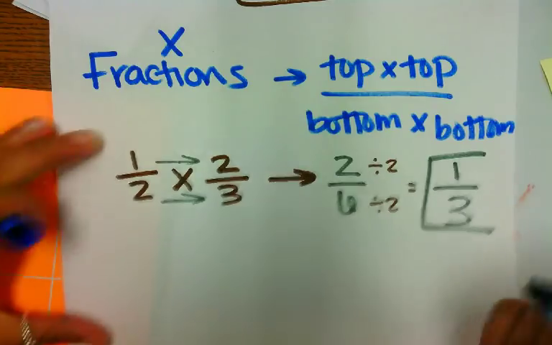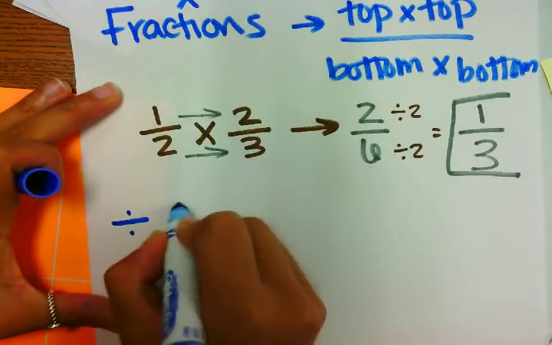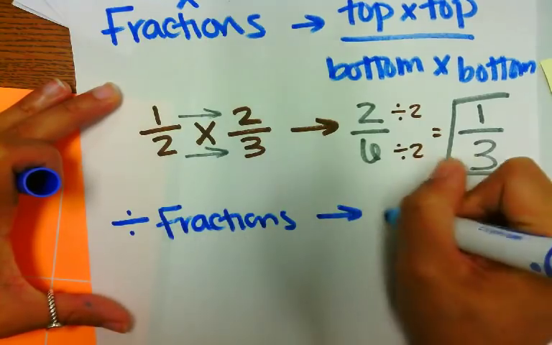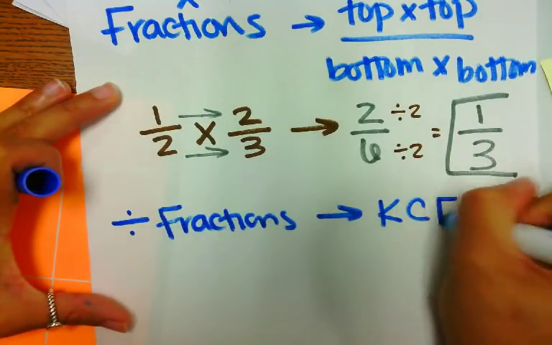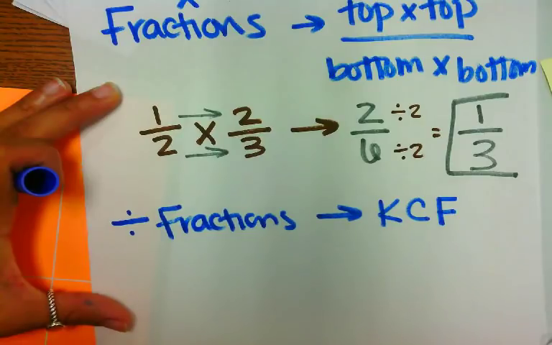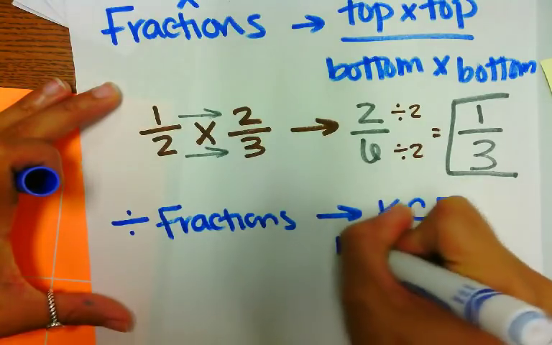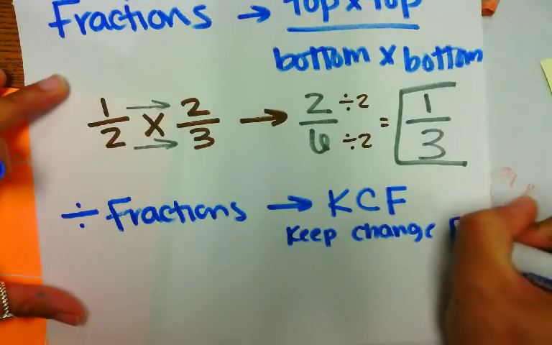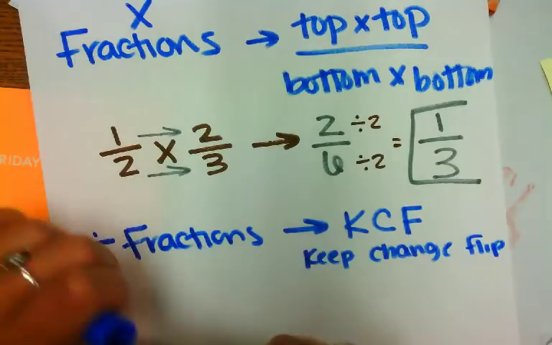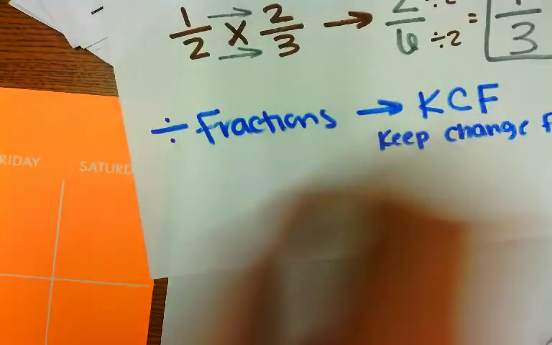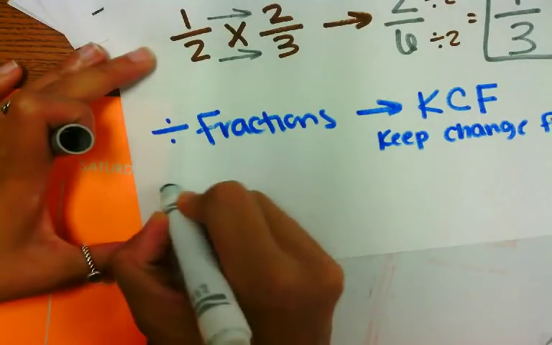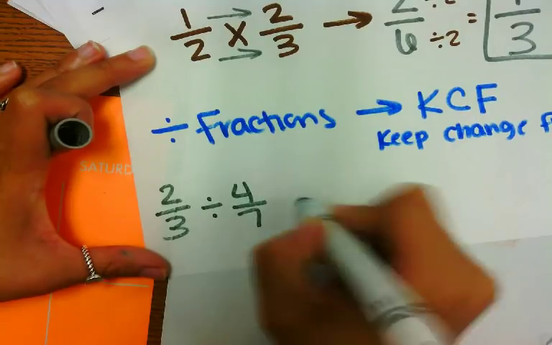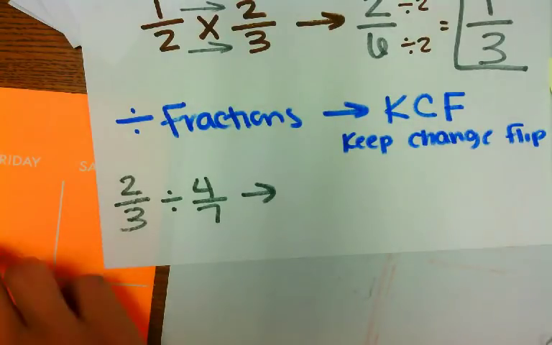For dividing fractions, you are going to keep, change, flip. Okay? Keep, change, flip. All right, and so what that means is that if I have 2/3 divided by 4/7, well, I'm going to keep the first one the same.